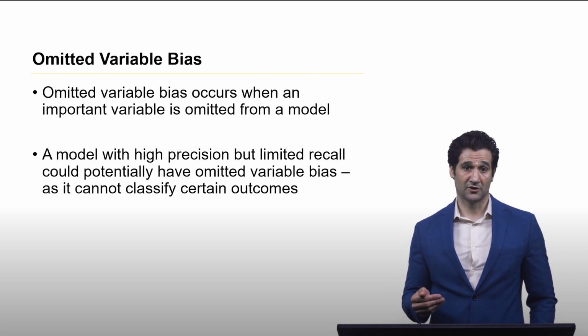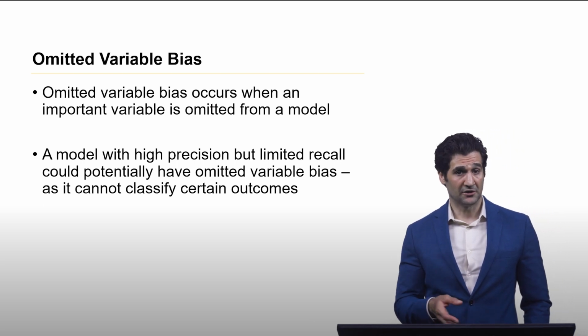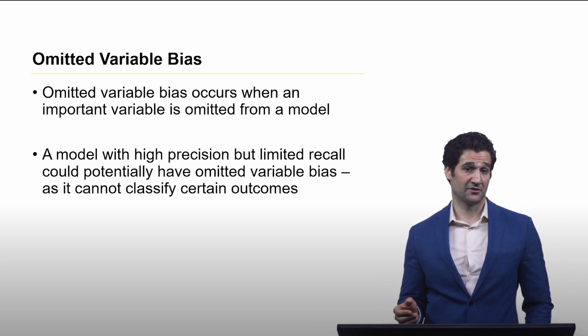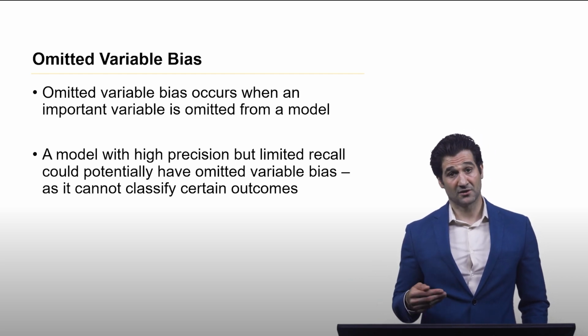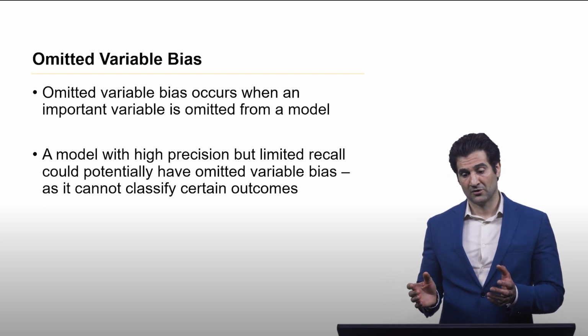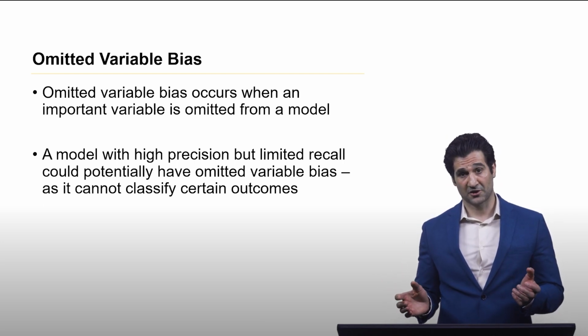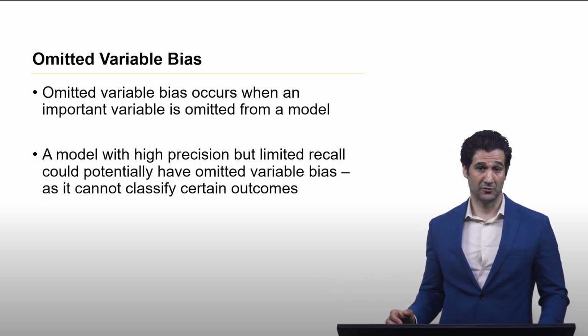One example could be a model that has very high precision, but you can't surpass a certain level of recall for classification. That might be because you have an omitted variable. There might be some other variable that you could use to create a feature that could account for the rest of the samples that you were not able to predict.